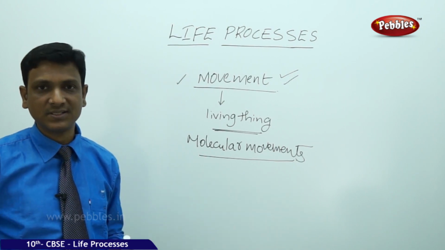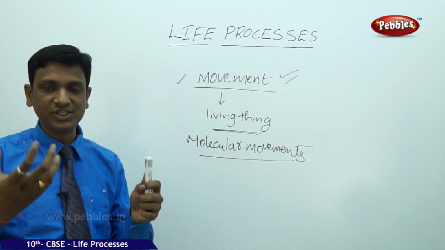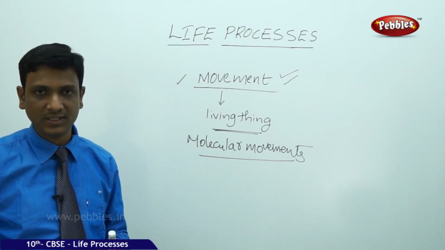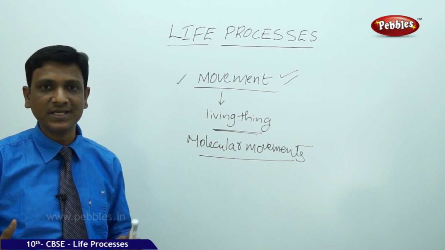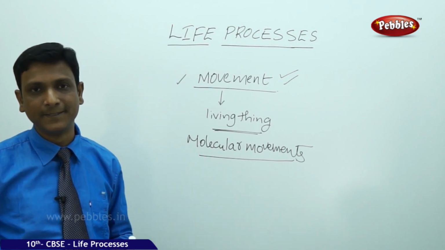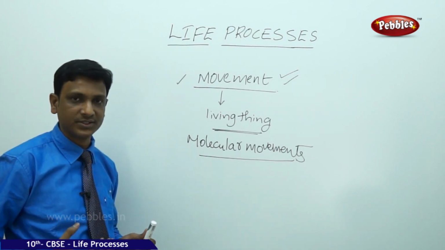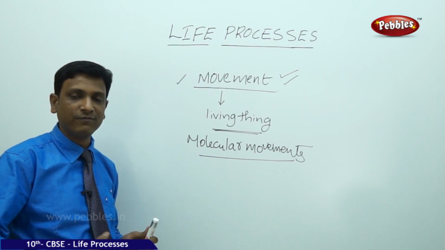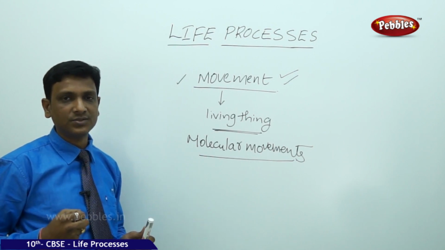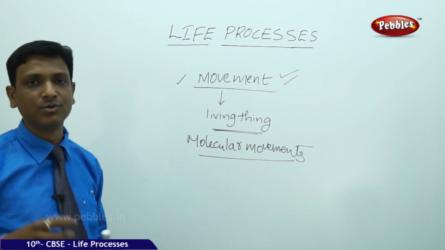Once it stops, the repair and maintenance of these structures, cells to tissues, tissues to organs, organ systems and organism, if it fails, it starts to break down, and if the repair and maintenance is stopped, then the organism is dead. So the molecular movements are very important. And not only that, if we find an organized system, an organization is found. So this is what we can use to say that this is living and this is non-living.